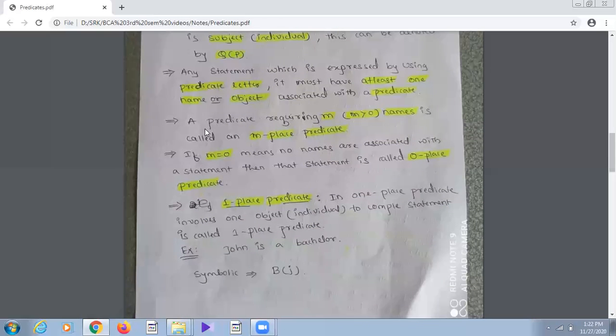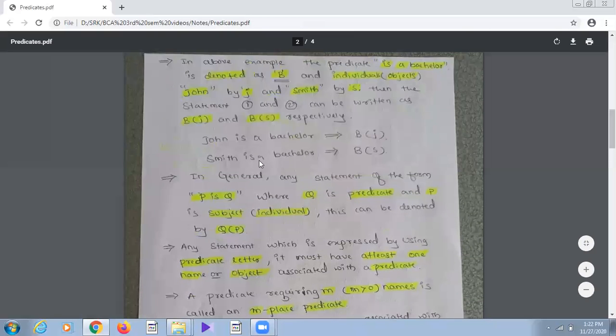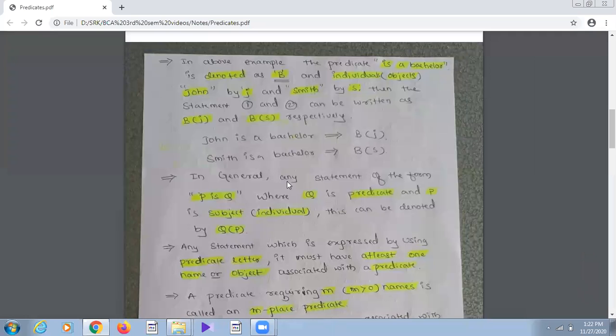Next point: a predicate requires m greater than 0. Here m means objects or names of individuals. So at least one has to be there in any primary statement; m is greater than 0.